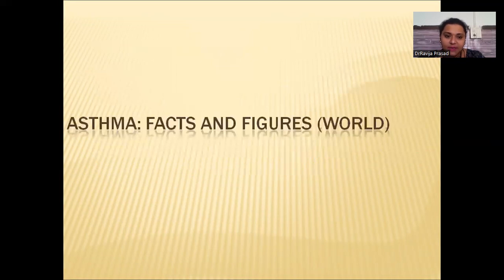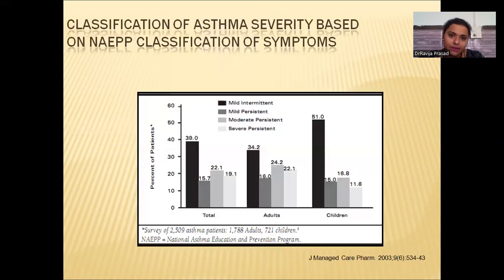Now, in the asthma patient, what are the facts and figures over the world? According to the classification of asthma severity in the NAP classification, by symptoms, asthma is divided into 4 categories: mild intermittent, mild persistent, moderate persistent, and severe persistent.